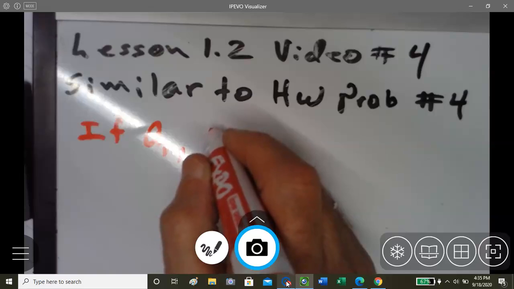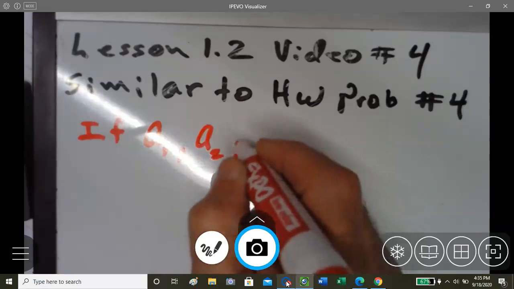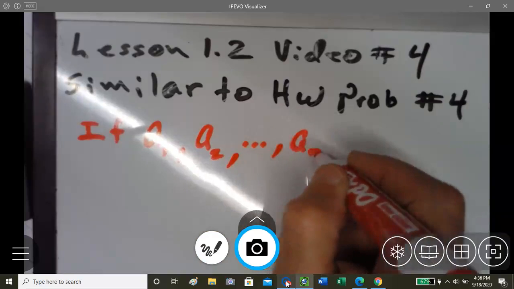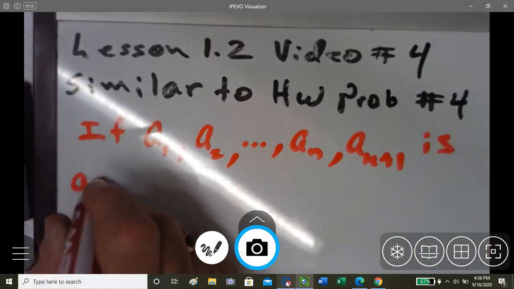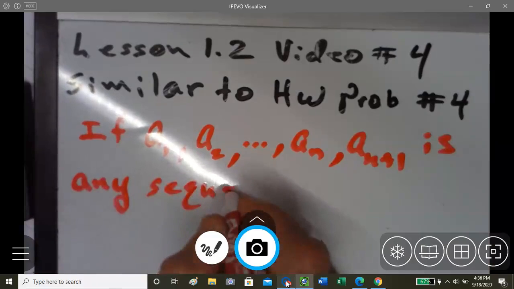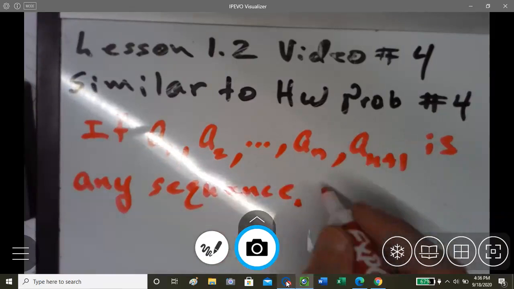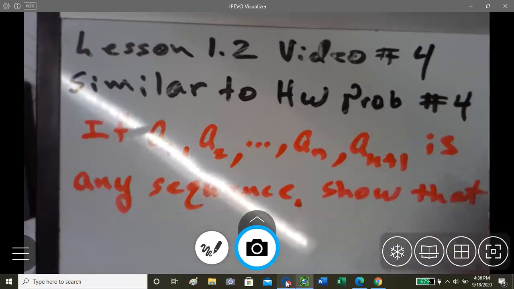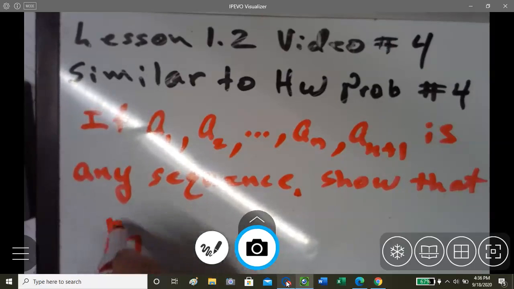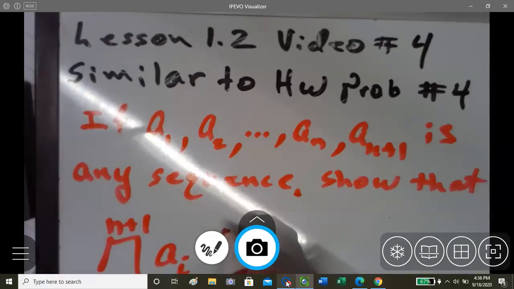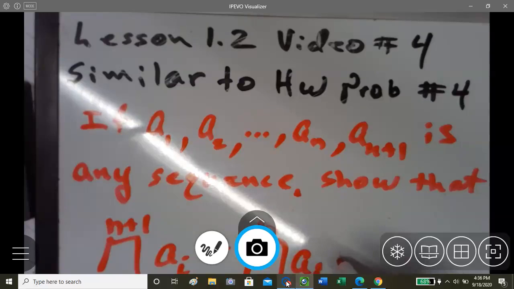So here, if we have a sub 1, a sub 2, continuing on all the way to a sub n, and a sub n plus 1 is any sequence, we want to show that the product from i equals 1 to n plus 1 of a sub i equals the product from i equals 1 to n of a sub i, times a sub n plus 1.